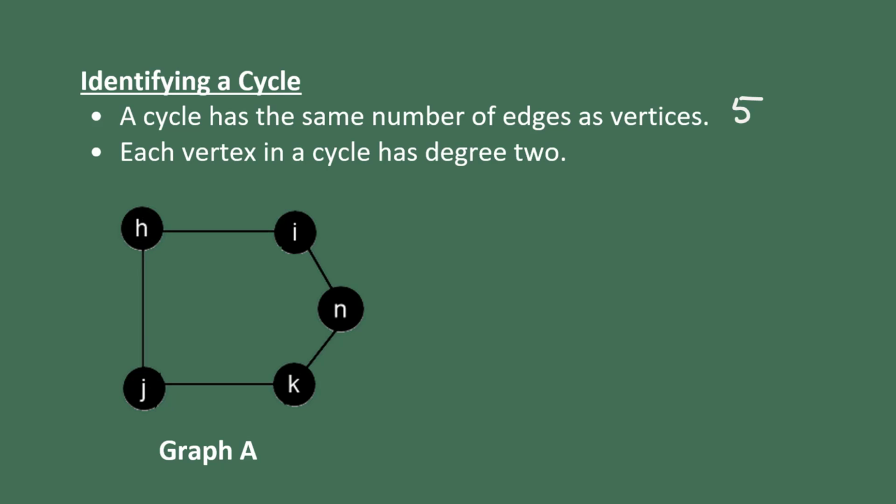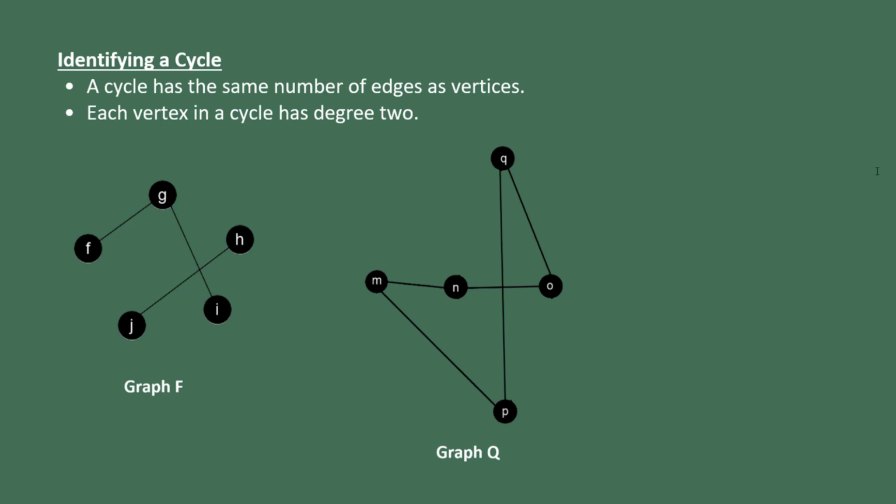If you look at vertex H, we see that there are 2 edges meeting at vertex H. So vertex H has degree 2. So does vertex I, vertex N, vertex K, and vertex J. So this graph satisfies both of these characteristics. It's a cycle.